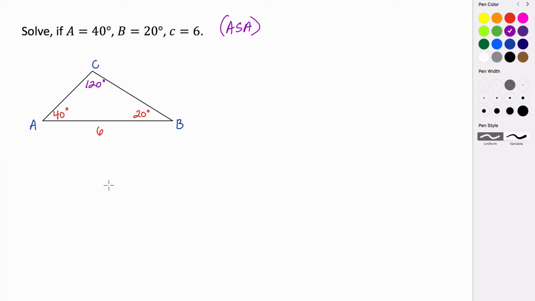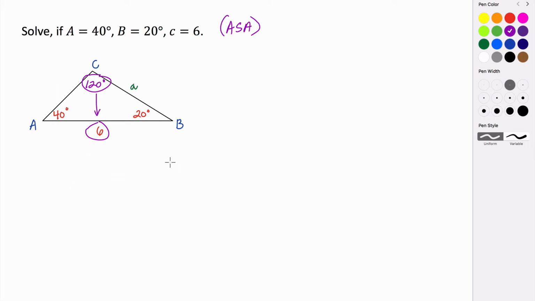Now we can use the law of sines. We can find the length of side A, or we could find the length of side B using law of sines. I'm going to find the length of side A. So using our angle side pair, so 120 and 6, right?